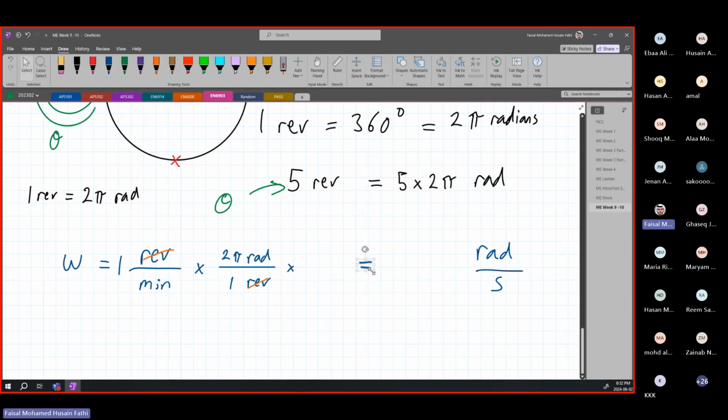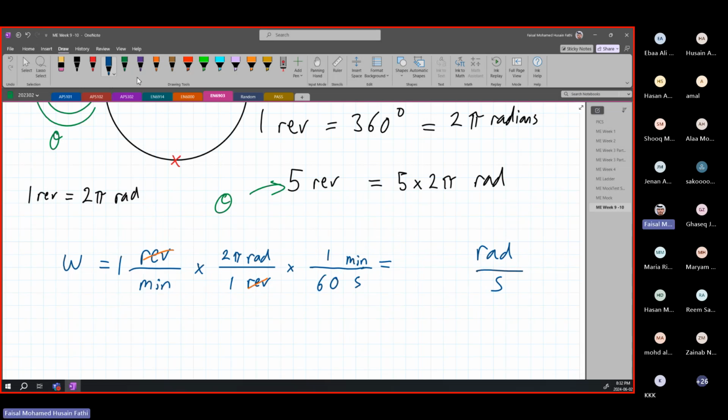What about the second part? We need to convert it from per minute into per second. So we want to cancel the minutes, which will be up, because we want to cancel it with the minutes down over here, and it will be over seconds. 1 minute obviously has 60 seconds in it.